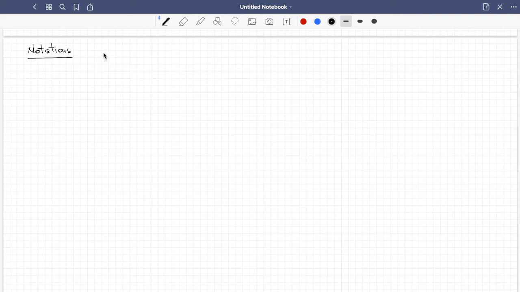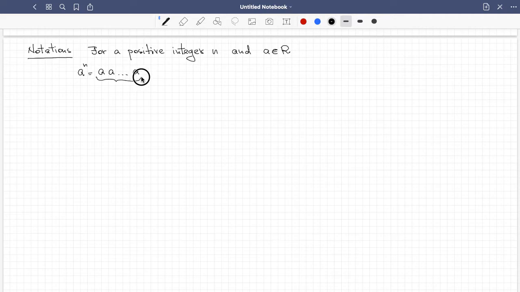For a positive integer n and an element a from the ring, we introduce the power notation a to the n as a up to a, n times.